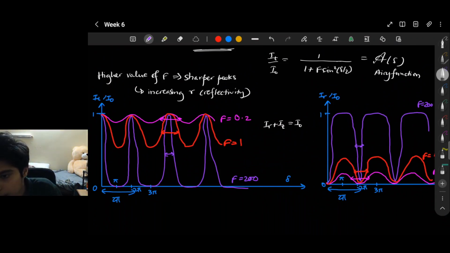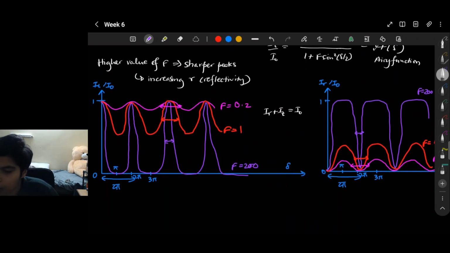So someone is asking a question in the chat box. Someone is asking about this reflected plot. So when the transmission peaks become sharper, then the reflecting dips become sharper. So this is a dip. This is not a peak.